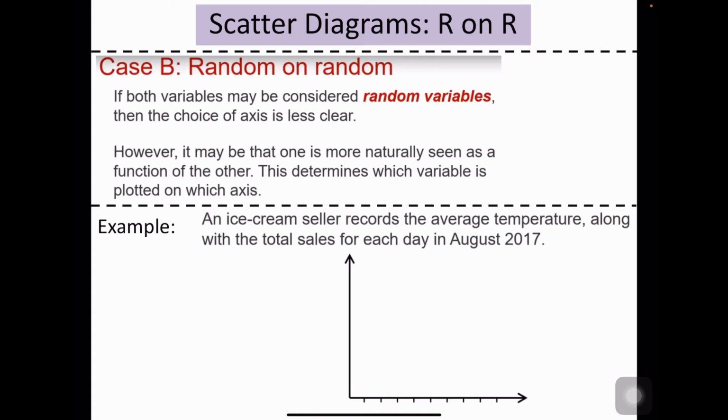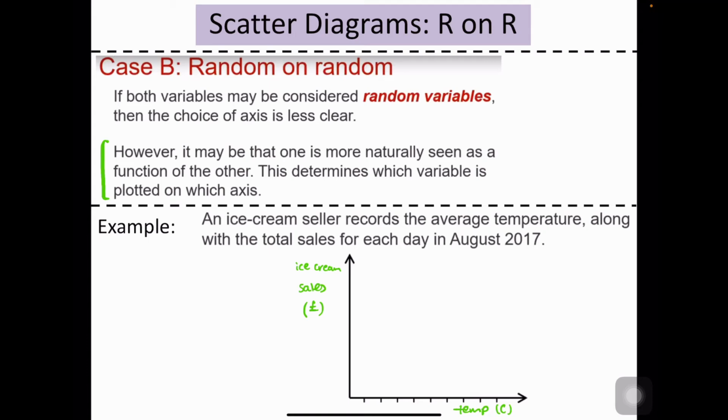Well, generally speaking, we expect that the temperature will affect the sales of ice cream, because usually when the weather is very hot, we have more ice cream sales, and so we put temperature on the x-axis, and we would place ice cream sales on the y-axis. And as it says here, we are seeing ice cream sales as a function of temperature.